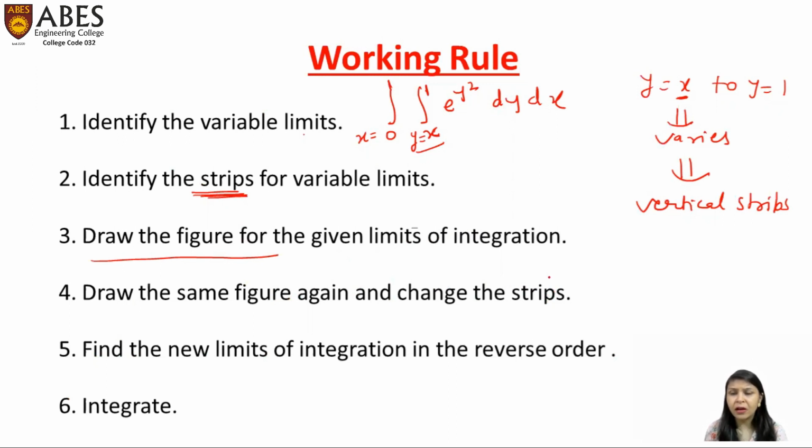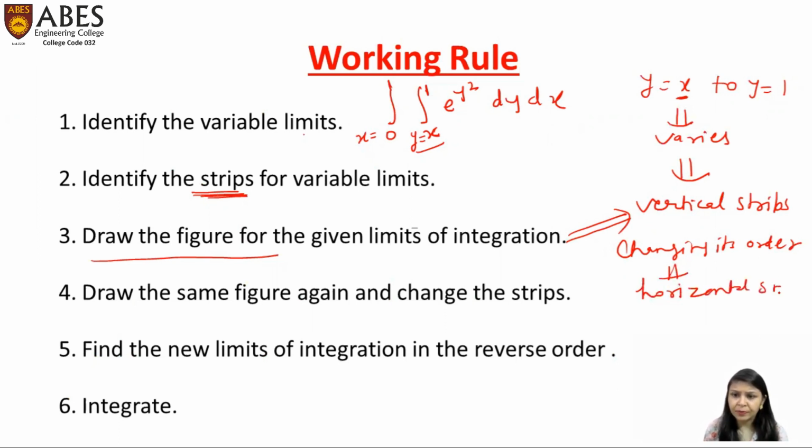Change the strips means अगर क्वेश्चन में y की लिमिट वेरी कर रही है, तो इस फिगर में हम वर्टिकल स्ट्रिप्स ड्रॉ करेंगे, बट आफ्टर चेंजिंग इट्स ऑर्डर वी ड्रॉ करेंगे, वी ड्रॉ द हॉरिजॉन्टल स्ट्रिप्स, and by doing this we get the new limits of integration in the reverse order, and then integrate and we get finally the answer.